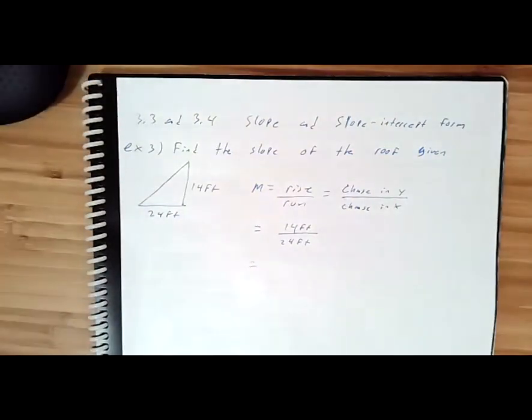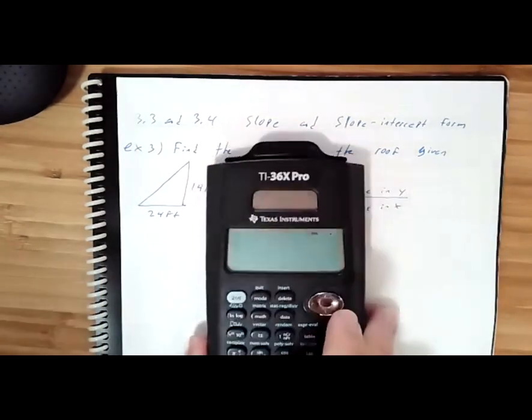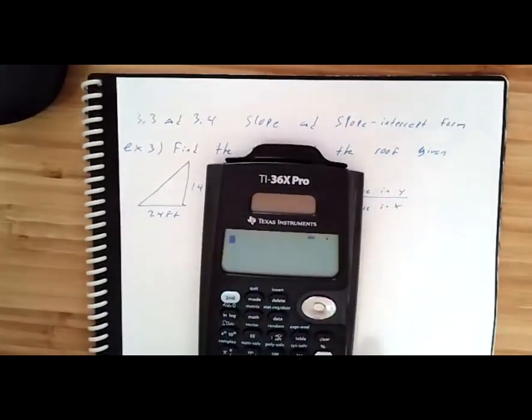I don't know where I left my yellow calculator. We'll just have to use the black one. Okay, so it's similar, but it should reduce it for us.